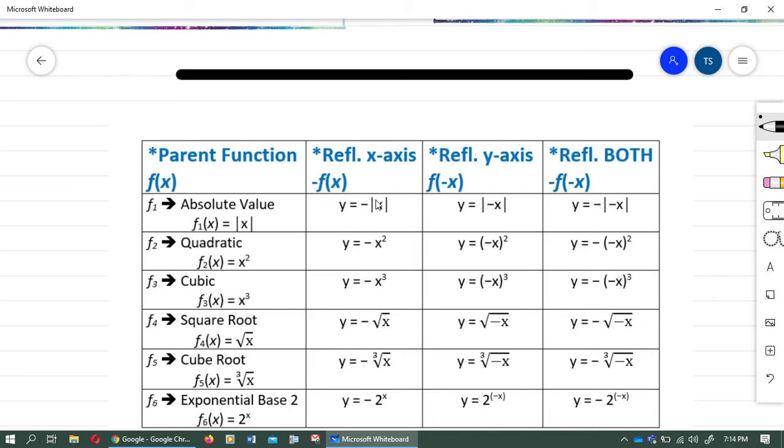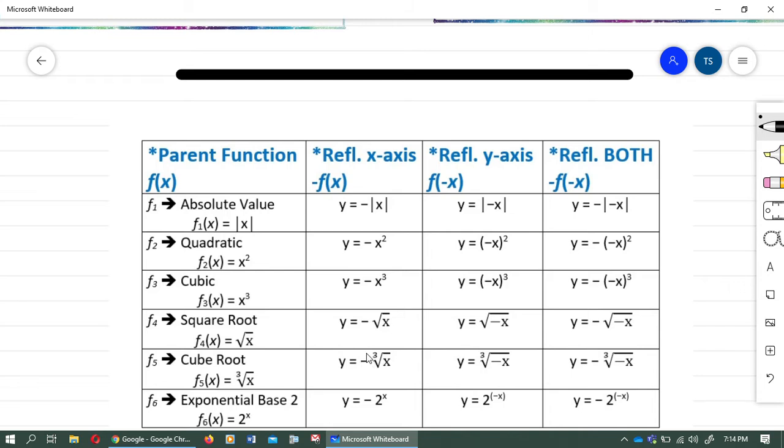For each one of the parent functions, you can see what the result looks like when we are multiplying by a negative number on the outside. Now the number multiplied on the outside here is -1, but we do realize that it could be any negative number. But right here, the number that's multiplied in this chart is -1.